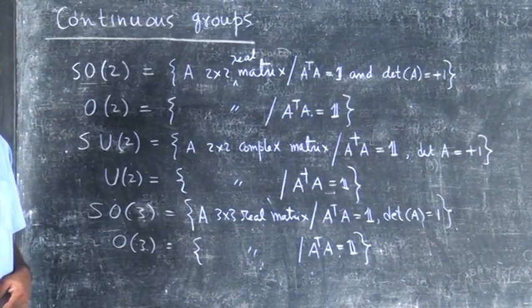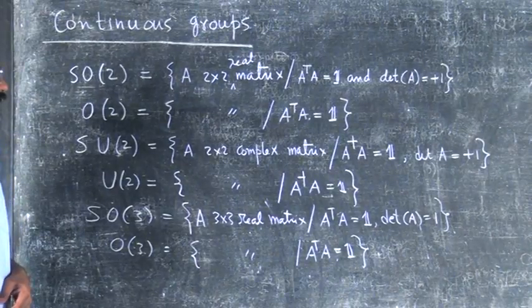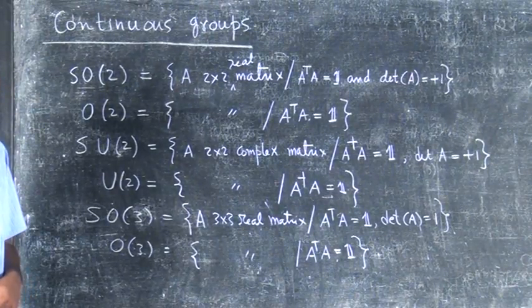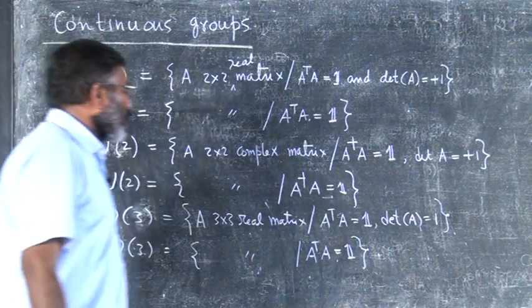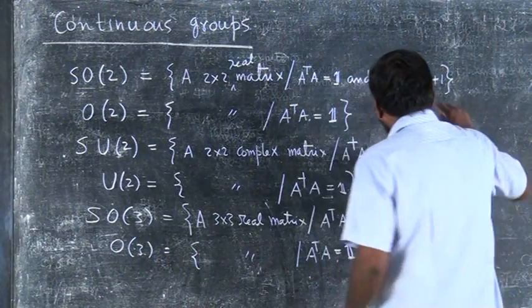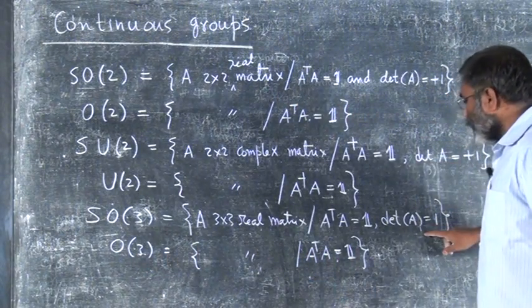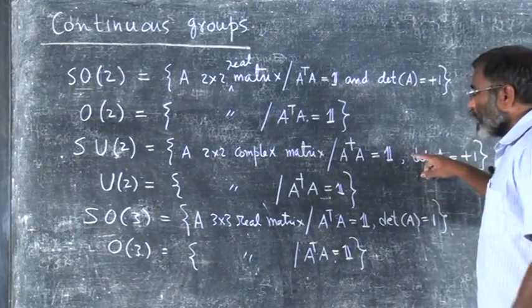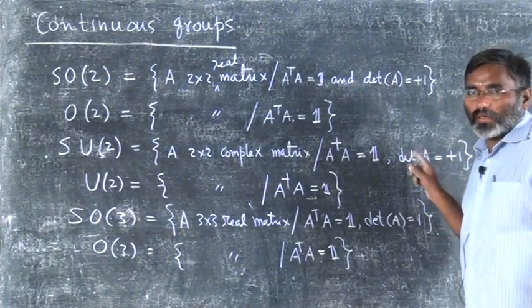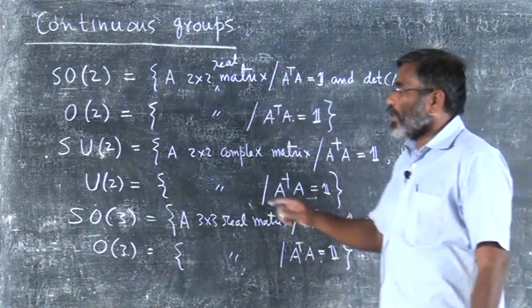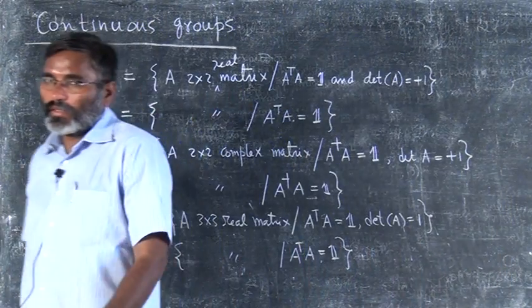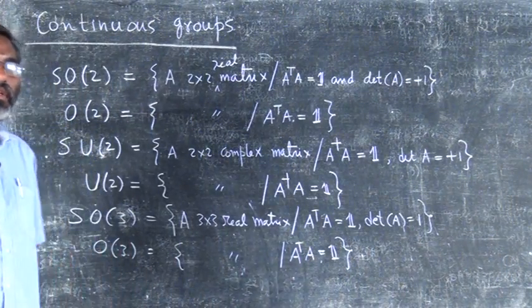Determinant of A is +1 for SO2, for SO3, for SU2. This is called special orthogonal or special unitary. Special is because determinant is 1.